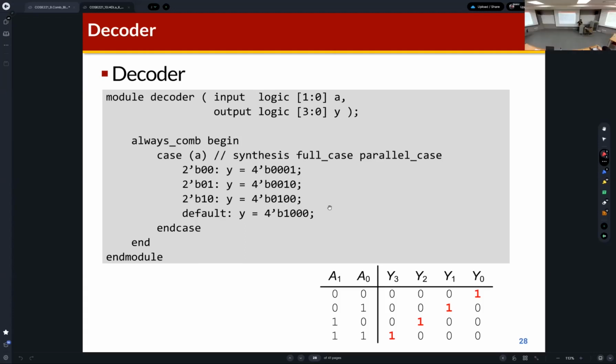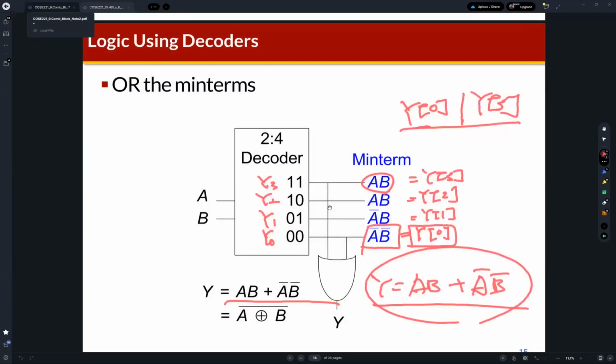It's very simple. We can easily implement a decoder using a case statement. I think you can easily understand how to implement a decoder. It's just one page. Okay, so that is the decoder.